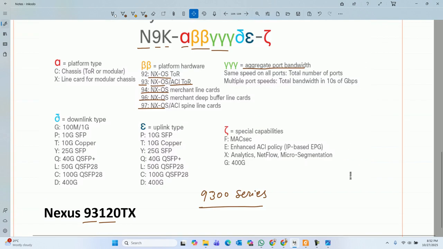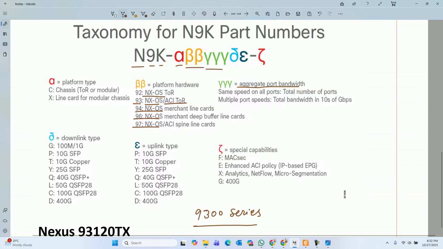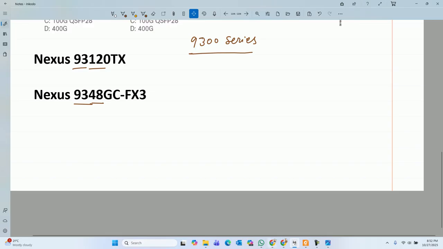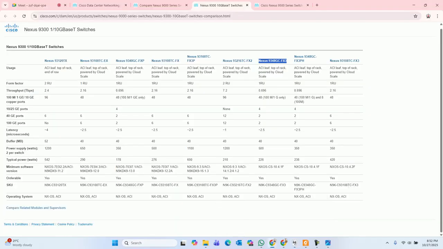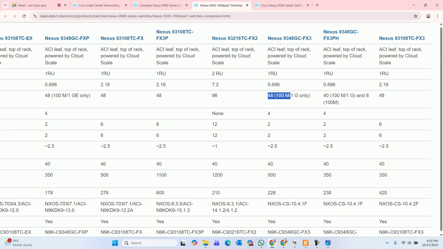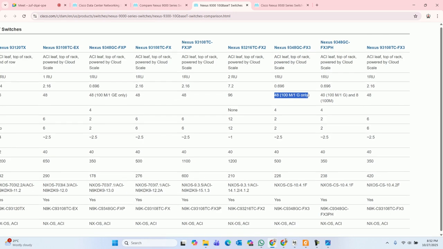If all the interfaces are of the same speed on all ports, it is the total number of ports, and if there are multiple port speeds, it is the total bandwidth in tens of 1 Gbps. So when you look at 9348, it means all of the interfaces have the same bandwidth, 48 interfaces of the same speed.